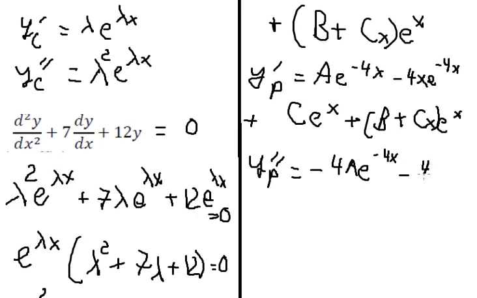Oh, I forgot a in here, so we have a. We have negative 4a, because we do the first derivative of s.